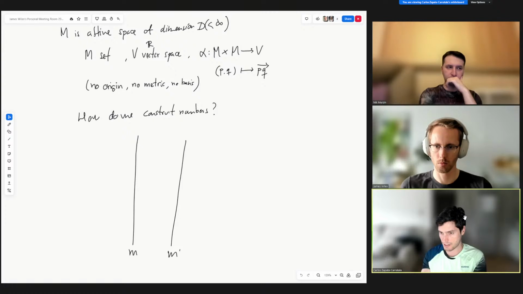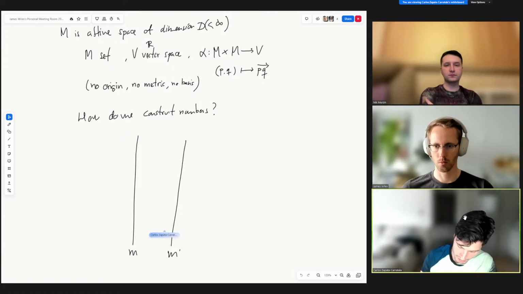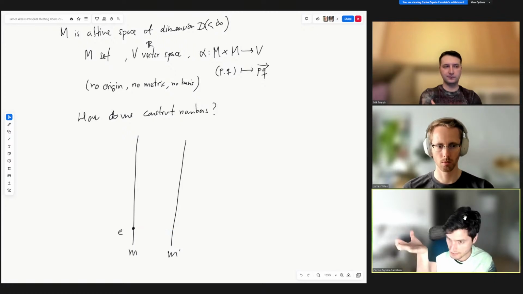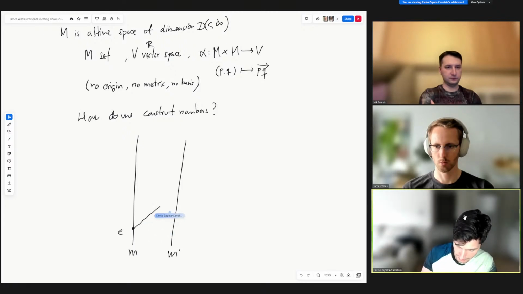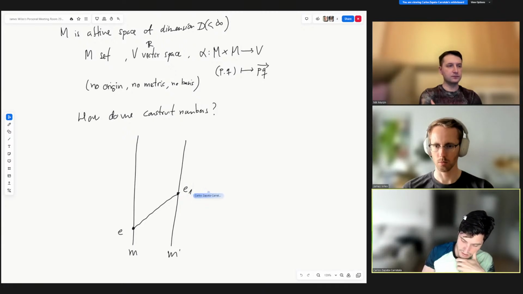This will be part of the set theoretic axioms that these things exist. And so what you do is you say, well, let's take some event here, E, and let's trace a light ray. So you take the unique set of light rays that go through E, right, and project up here. And this is a very familiar picture suddenly, because the set theoretic definition guarantees there is a unique intersection point here, or let me call it E prime 1 over here.